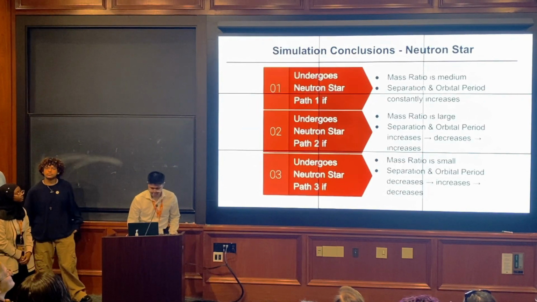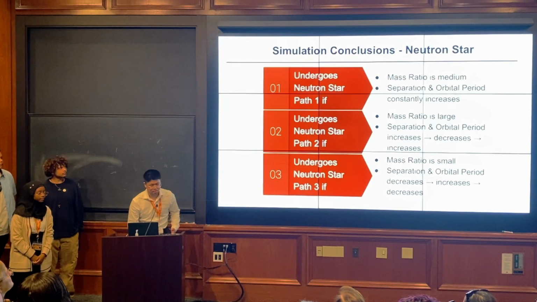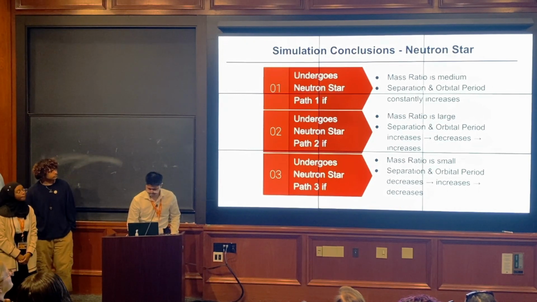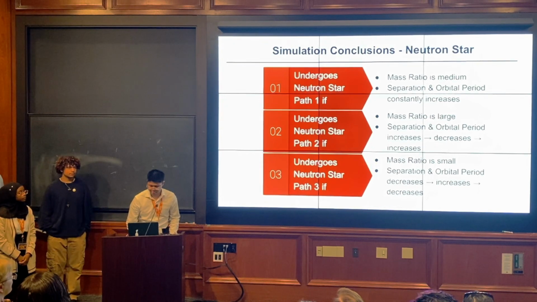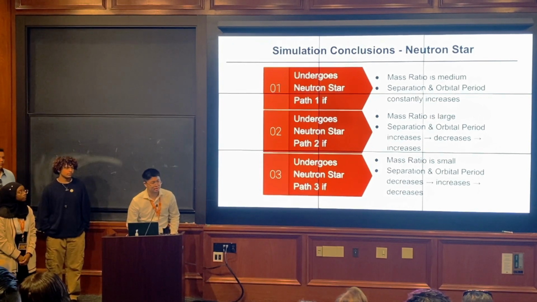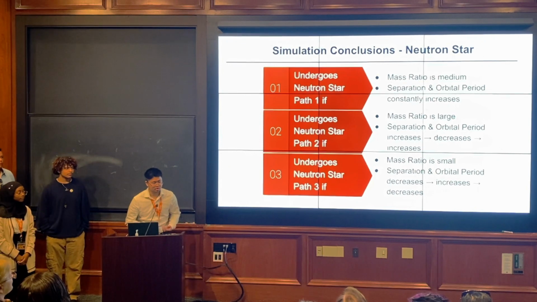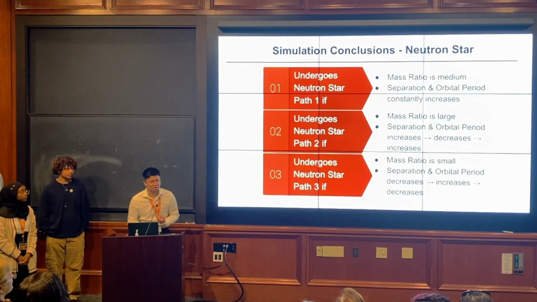Now, in the neutron star paths, you can see that the masses are all different, and that the separation and orbital period has a trend, whether it is increasing or decreasing. There's a relationship between the mass ratio and the separation/orbital period, because once a star loses mass, there is greater separation between the 2 stars, and it will take longer for them to orbit each other.